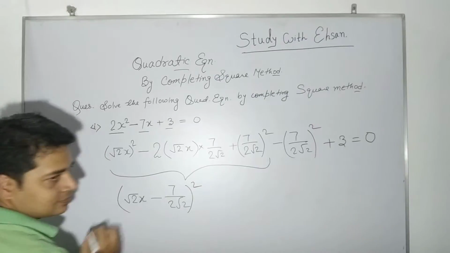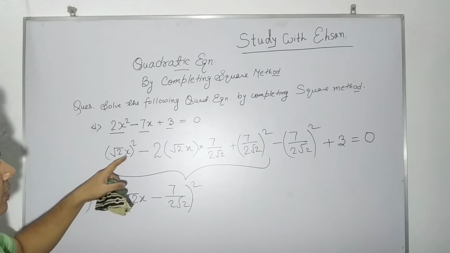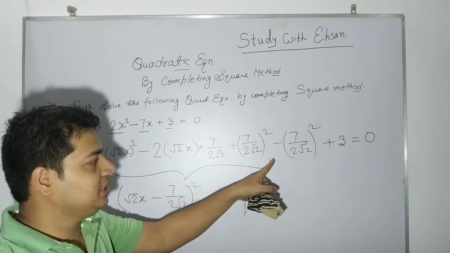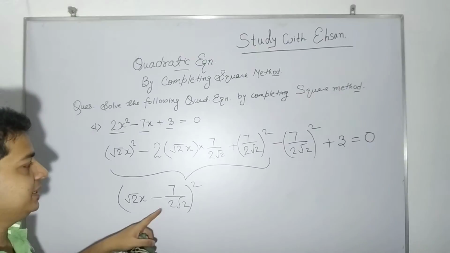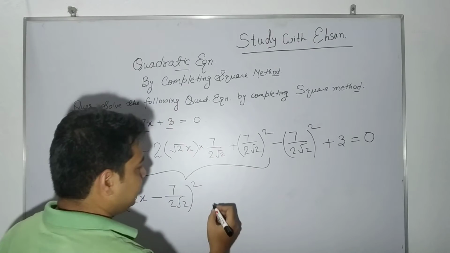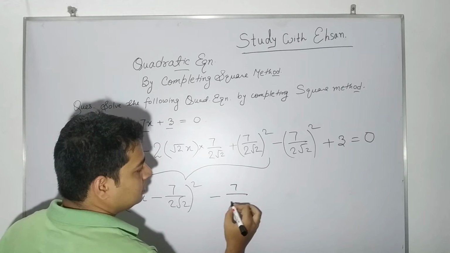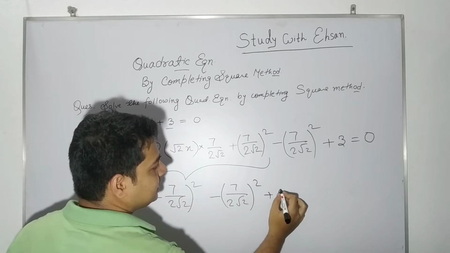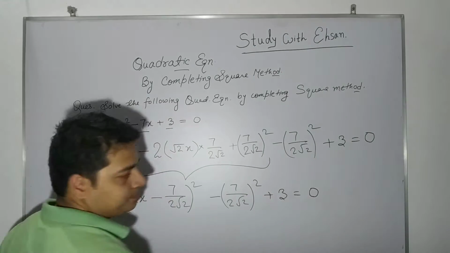Clear? A square minus 2ab plus b square. Up to this term we can write root 2x minus 7 upon 2 root 2 whole square. And what remains? These two terms. Then copy this minus 7 upon 2 root 2 whole square plus 3 equal to 0.